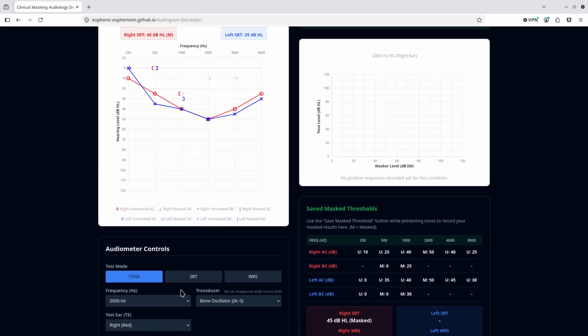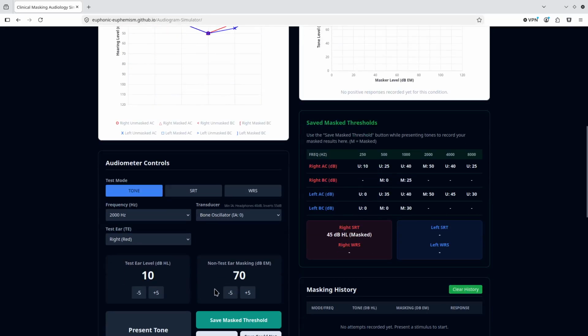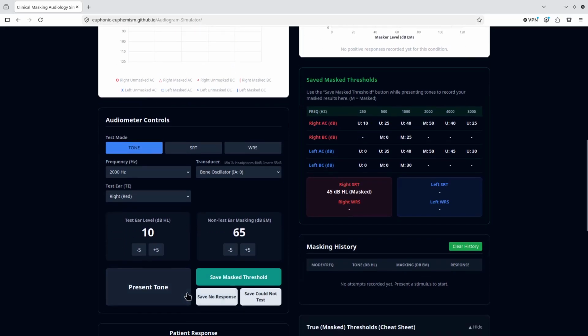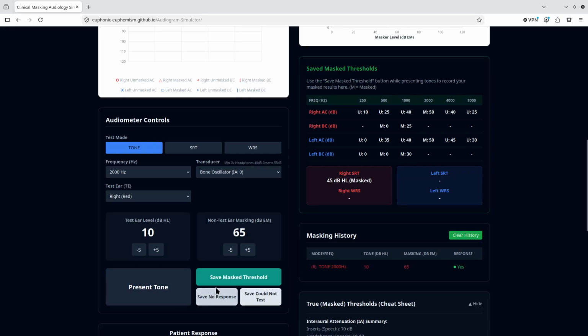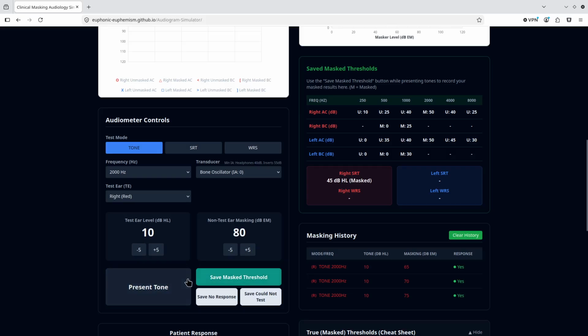And then we're going to start our masker at 10 above 50, which is 60, plus a 5 dB safety factor. We're going to present the tone, got a response, bring up the noise, response, bring up the noise, response, bring up the noise, response. Oh, no response there. Almost a plateau, but not quite.